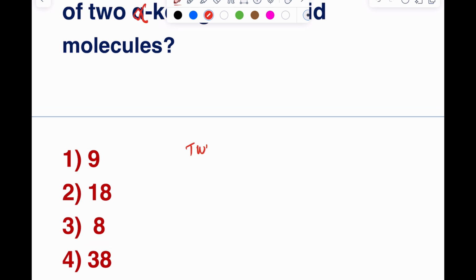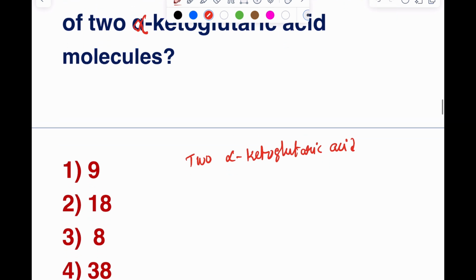Here 2 alpha ketoglutaric acid, it produces total 4 NADH2 and 2 FADH2 molecules in Krebs cycle from 2 alpha ketoglutaric acid onwards.